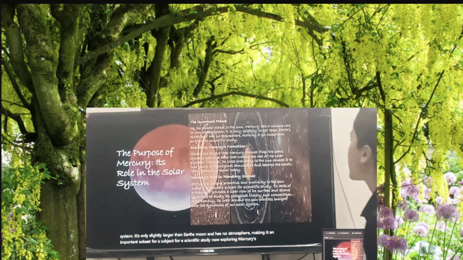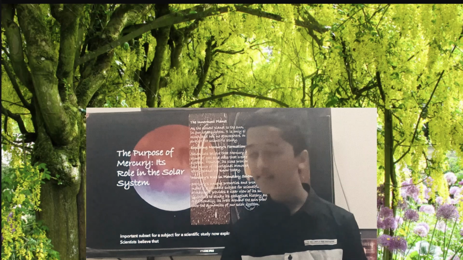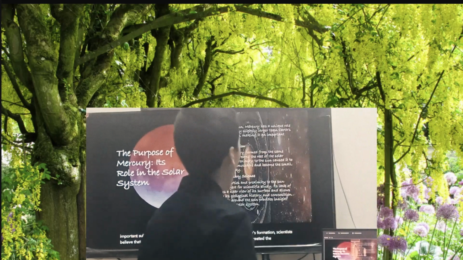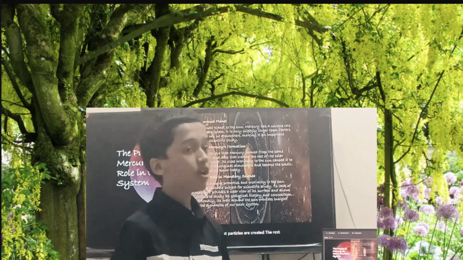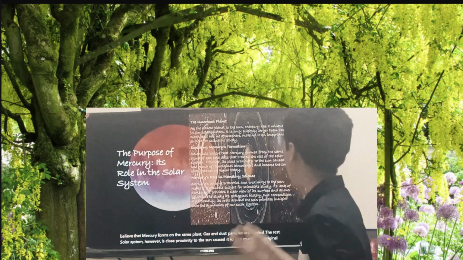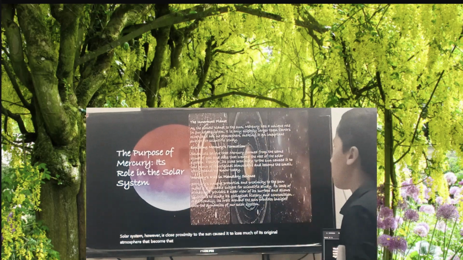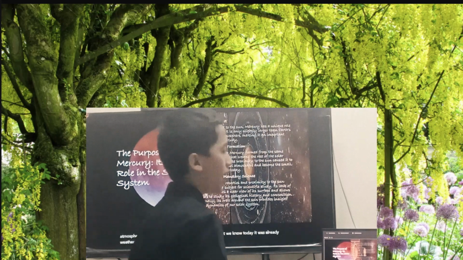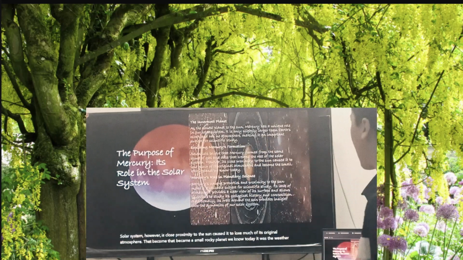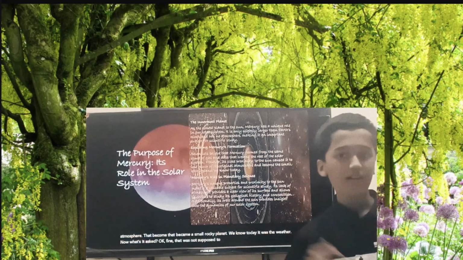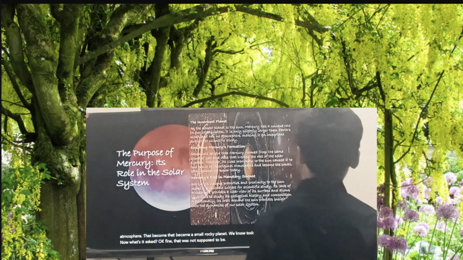Scientists believe that Mercury formed from the same cloud of gas and dust particles that created the rest of the solar system. However, its close proximity to the Sun caused it to lose much of its original atmosphere and become the small rocky planet we know today. We've already read that in the previous slide.